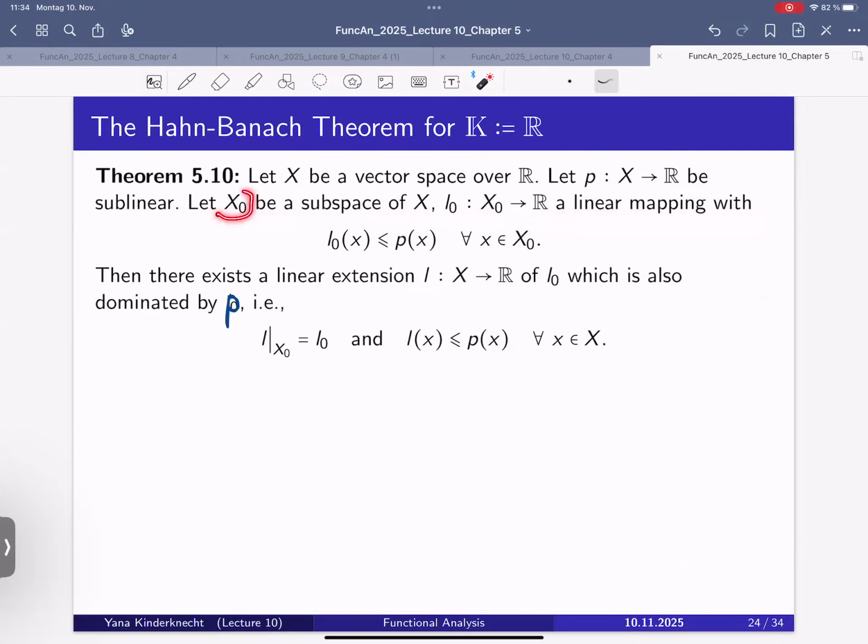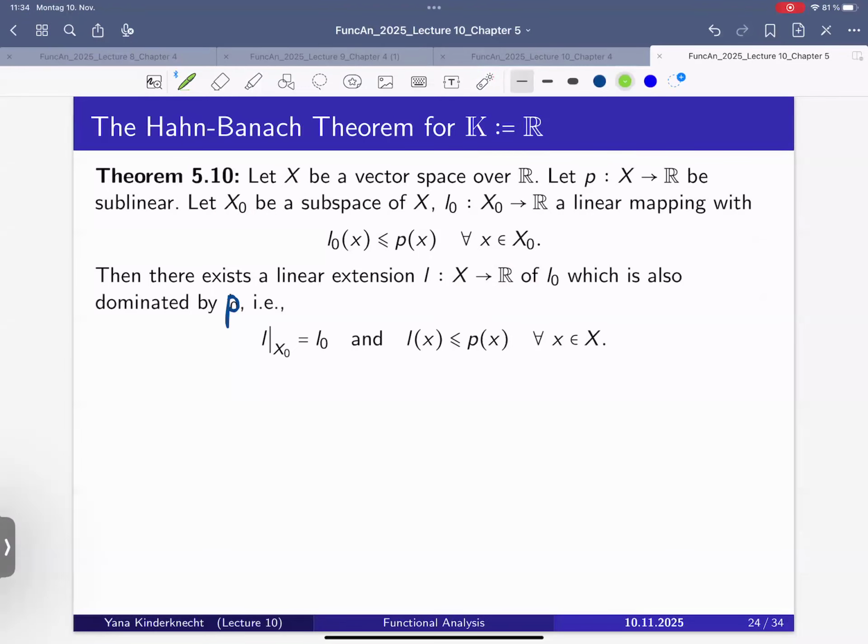No words about the codimension of this subspace. I can mention that we can take even a one-dimensional subspace of X and define a linear functional on it. By hand, it's very easy.